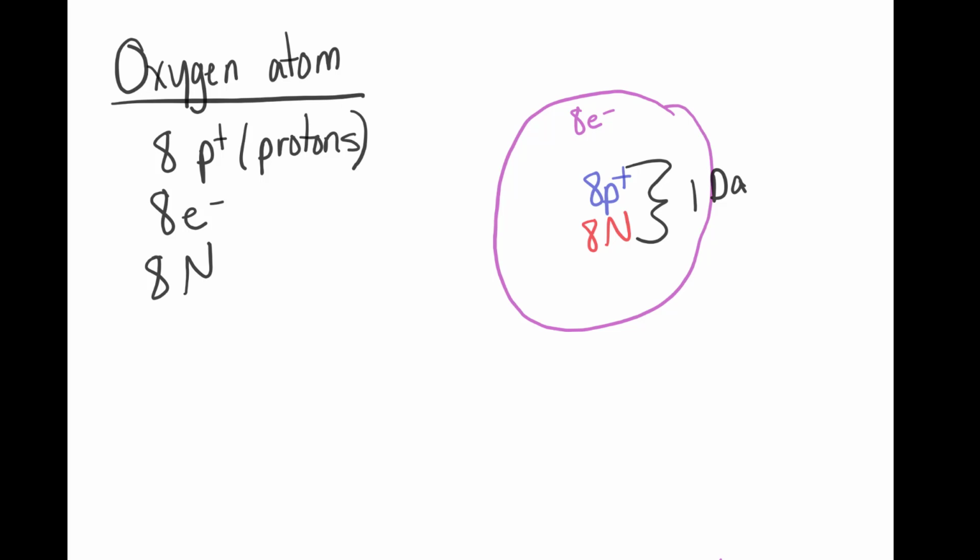So each of these, both protons and neutrons, have a general size of 1 Dalton. So they're roughly equal in their size. In contrast, electrons that are found out here in the electron cloud have a size of about 1/2000th of a Dalton. So these electrons are very small in comparison to the protons and the neutrons.